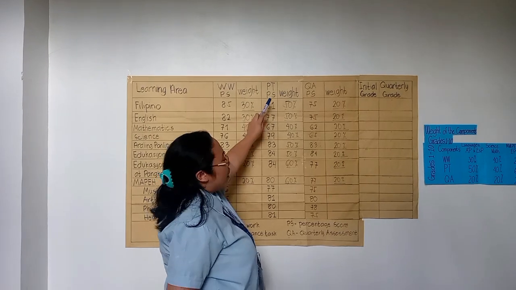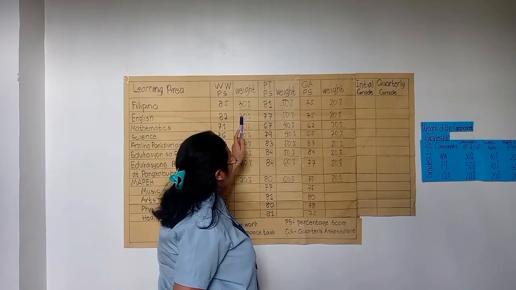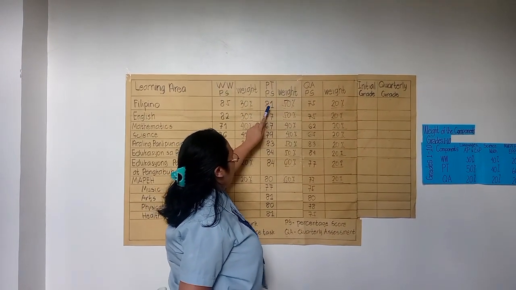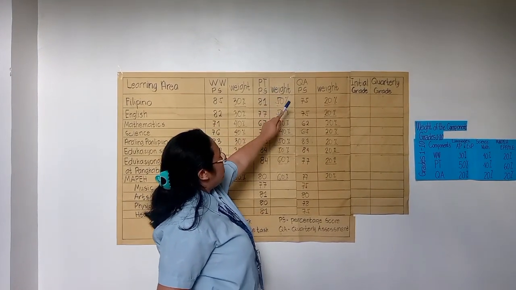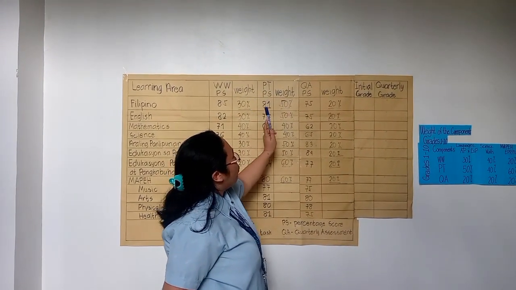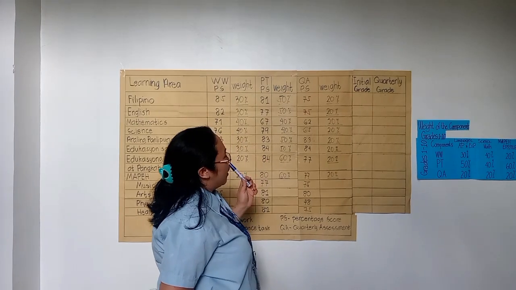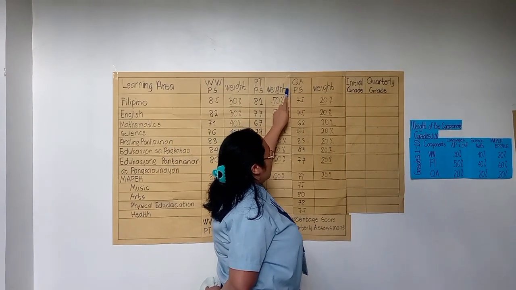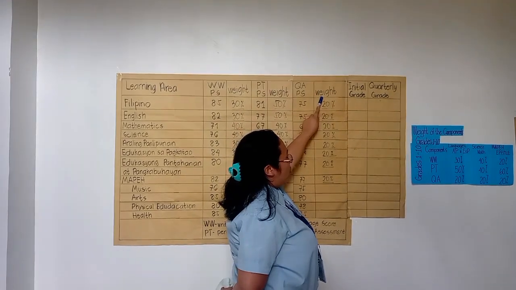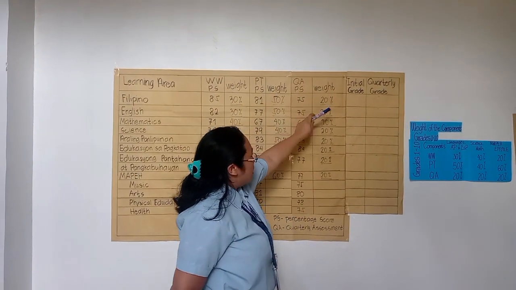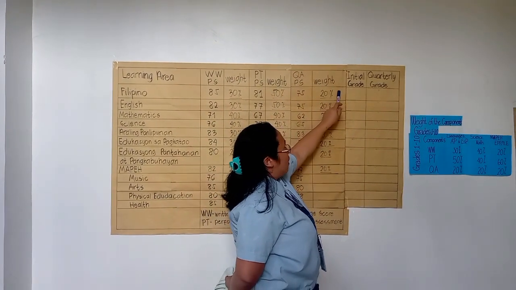So 85 times 30% equals 25.5. Then for performance task, percentage score 81 times the weight of component, which is 50%, is equal to 40.5. Then for quarterly assessment, the percentage score is 75 times the weight of the component, which is 20%, equals 15.